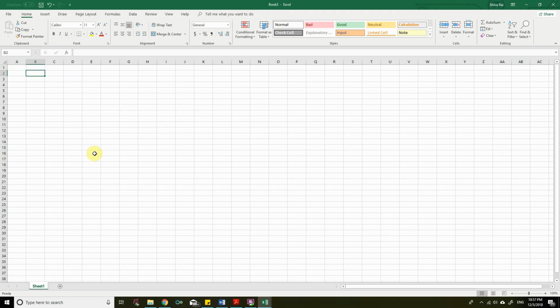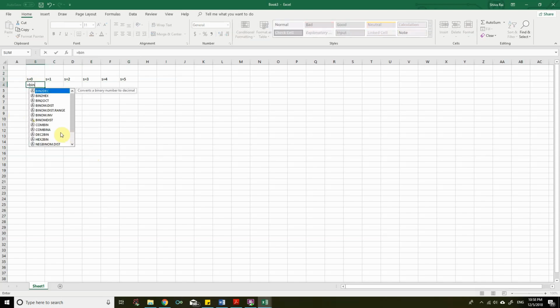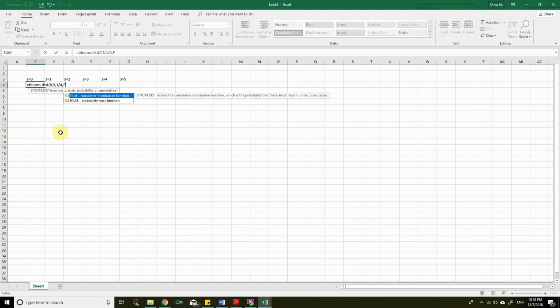So success equals 0, success equals 1, success equals 2, success equals 3, success equals 4, and success equals 5. For that, let us go for equals BINOM.DIST, number of successes 0, trials 5, probability of success 1/4, cumulative FALSE.